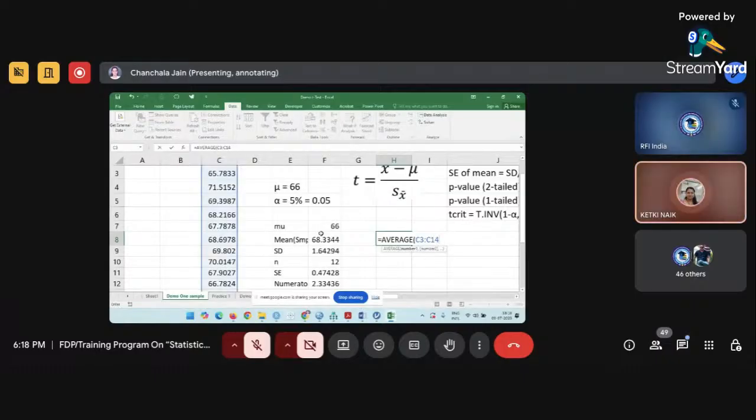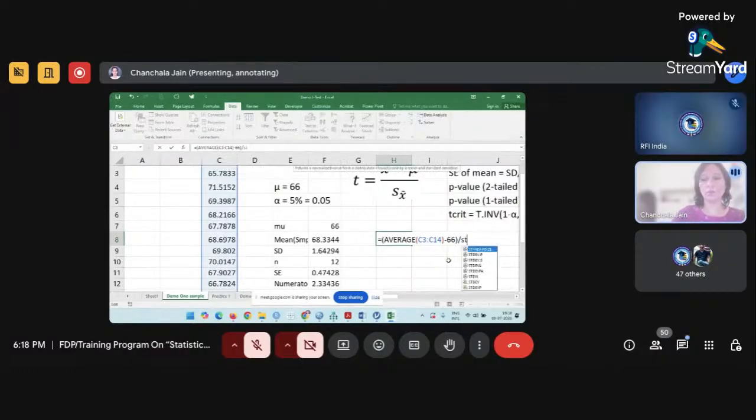And then last one, p value. One-tailed we are taking, so T.DIST.RT. I'm showing you how you can calculate in a single go.